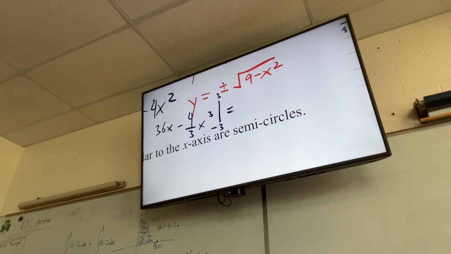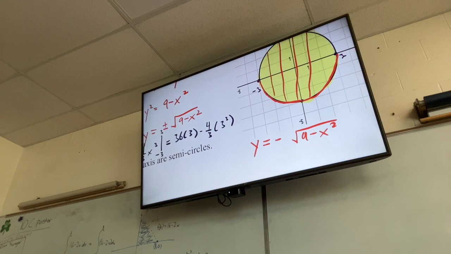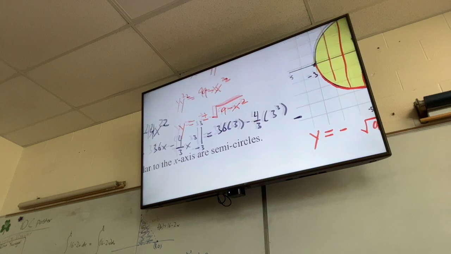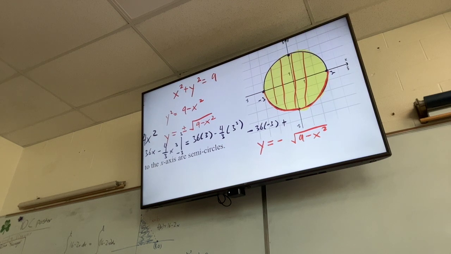It's going to be 36 times 3 minus 4/3 times 3 cubed. Minus 36 times -3, and then plus, it's a minus minus, 4/3 times -3.